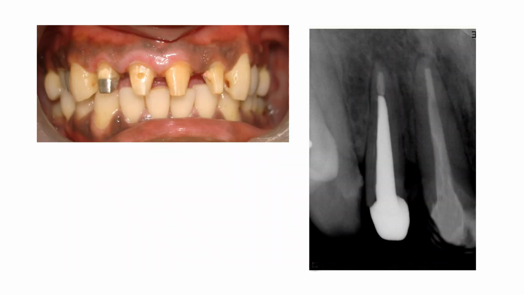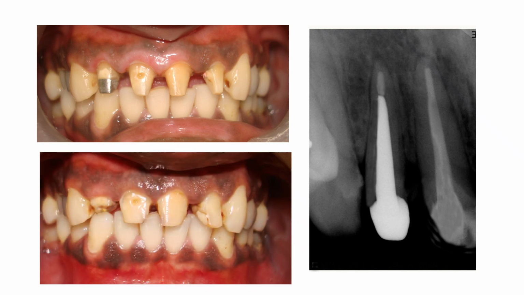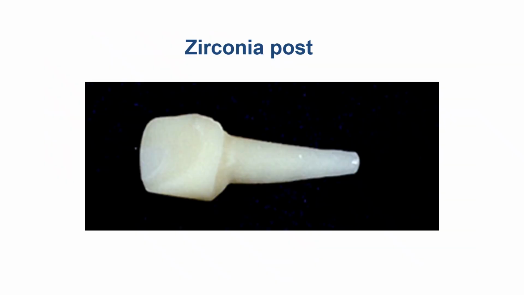So this is the cast post which is placed, and now you can see the pre-op and the post-op difference. So here you see the cast post in the root canal in an X-ray. So nowadays with modern day dentistry, we also have the option of a zirconia post, which is formed by CAD/CAM restoration.